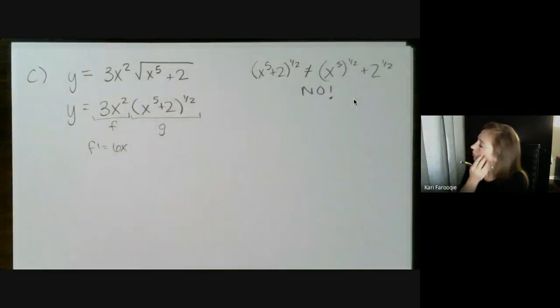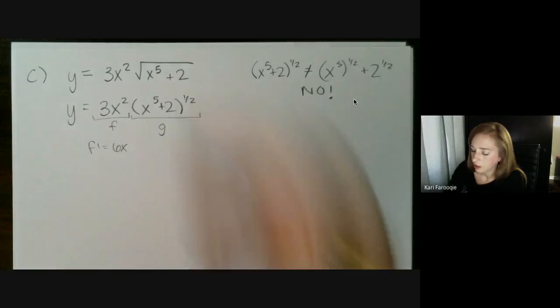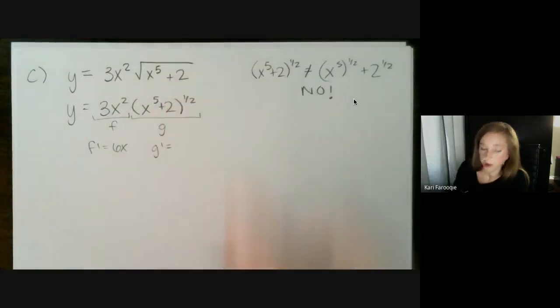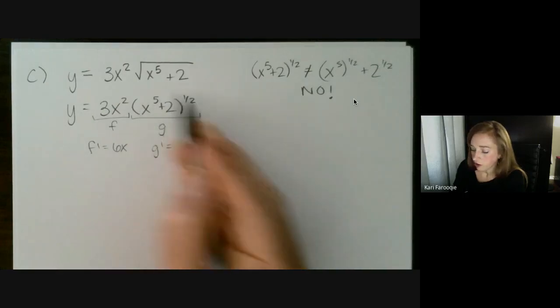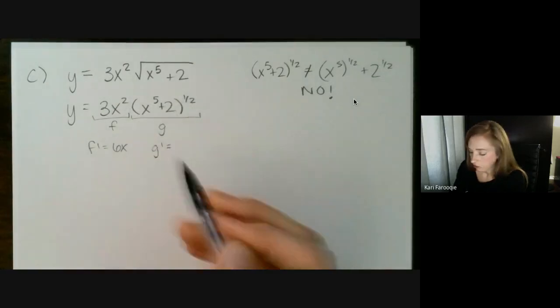Okay, so I'm not worried about f prime. F prime is 6x. G prime is where our chain rule comes in. So we're going to take the derivative starting out as though this was just x to the 1/2.